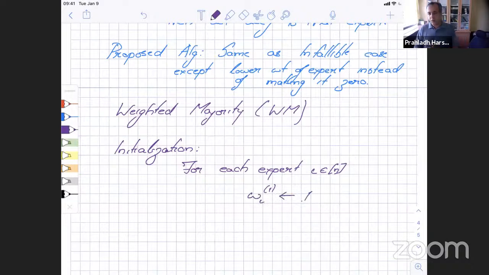So you start off with equal weights for all the experts. That's the initialization step.